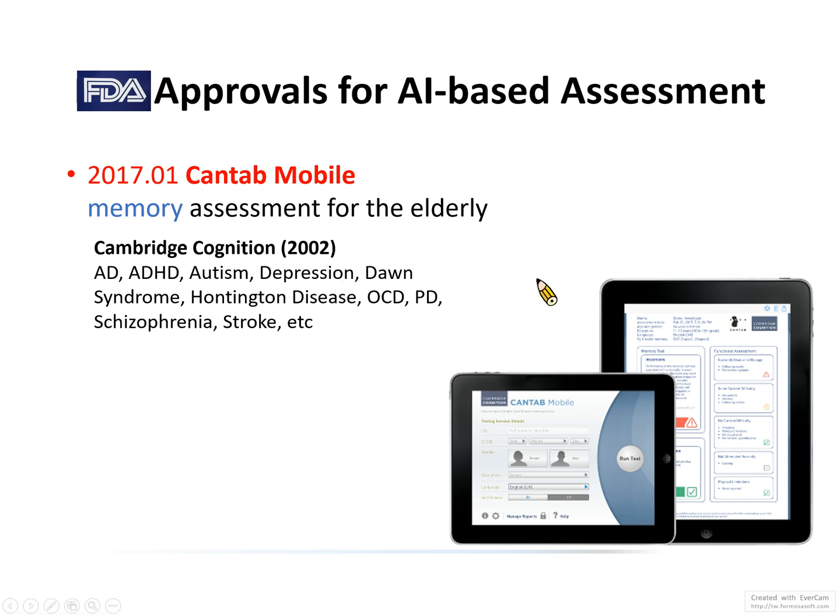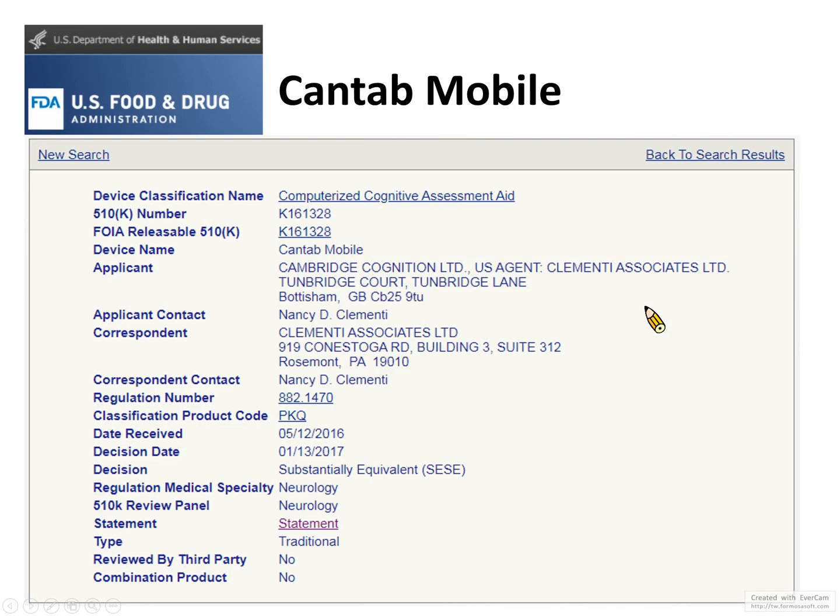So this assessment will generate a series of questions, and it can judge the probability of dementia based on the collection of cognitive assessments. And this is the public information for this Cantab Mobile, and it seems that it's just approved for the diagnosis or evaluation of dementia.